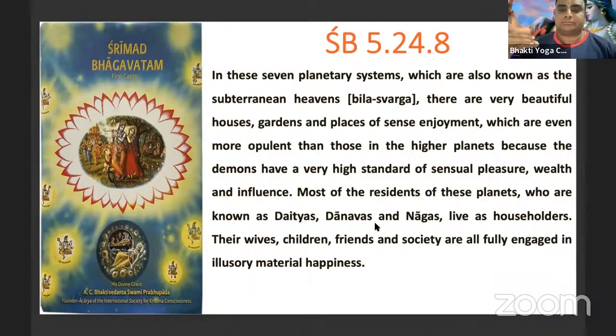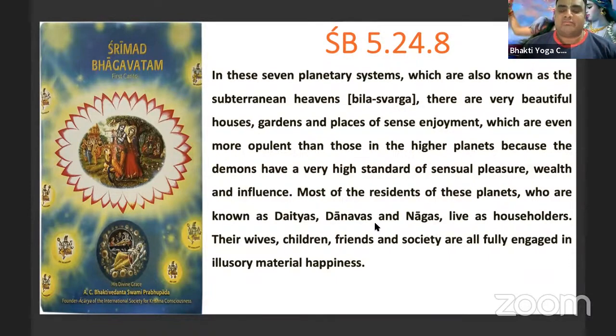Below the Madhya Loka, we have the subterranean heavenly planets known as Bila Swarga. So these 7 lower planetary systems are also heavenly planets in one sense because they are rich with material opulence. We have to distinguish between 2 types of opulence.